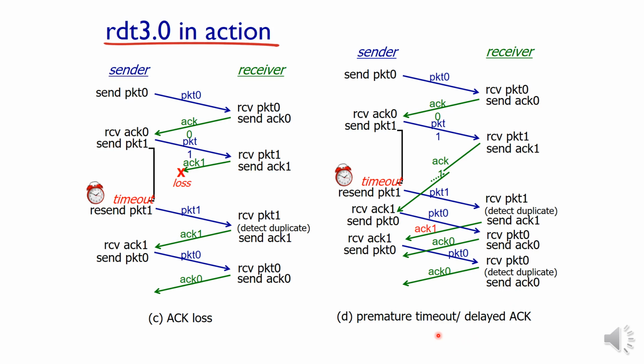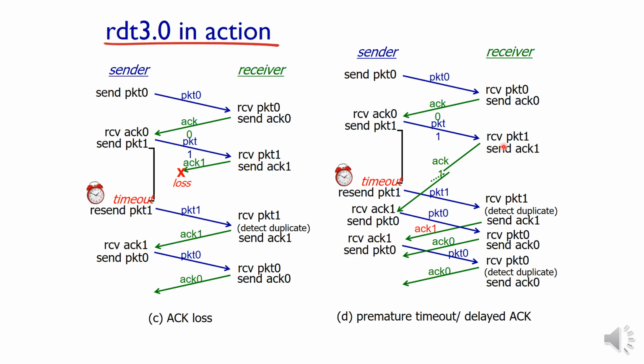Another situation is premature timeout or delayed acknowledgement. Both are actually the same thing, with one solution for the same issue. Here packet 0 is sent, acknowledgement 0 is received, then the next packet is sent.